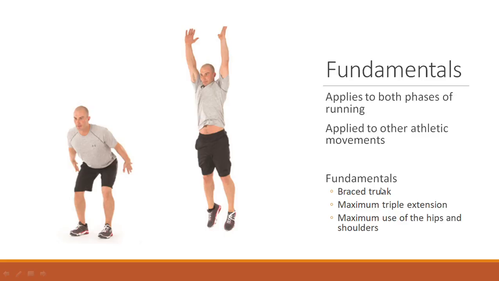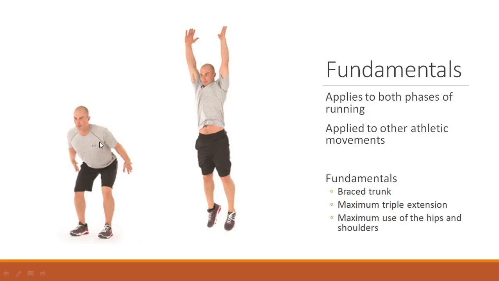So essentially we want a braced trunk, which means that spinal position stays in a pretty neutral position almost the entire movement. We're getting maximum use of the hips and shoulders, and in terms of the hips, we're getting triple extension with that explosive movement.